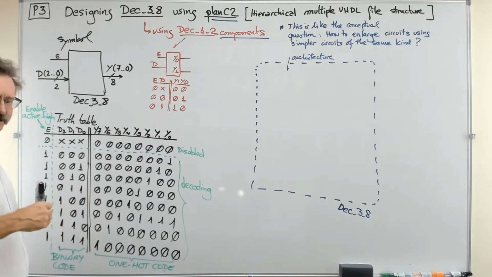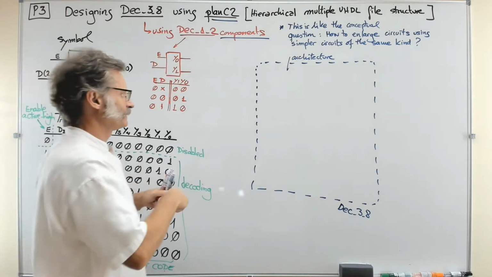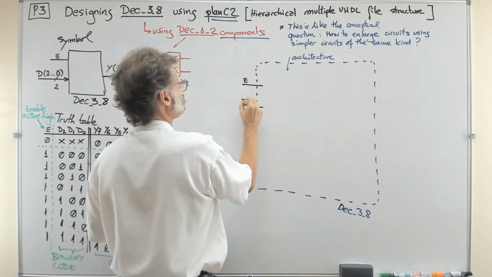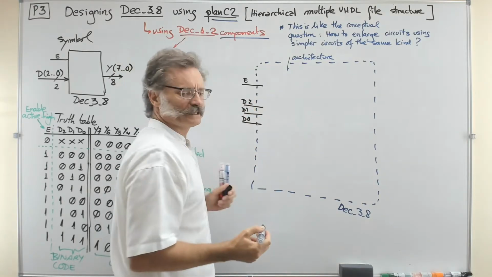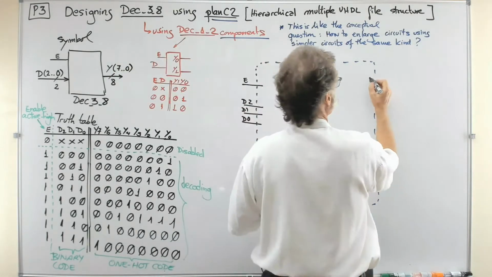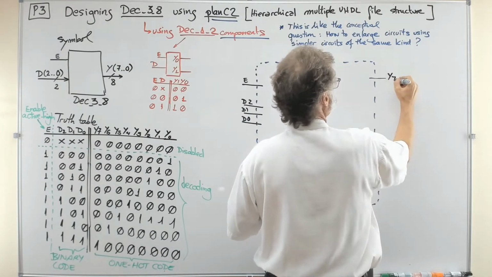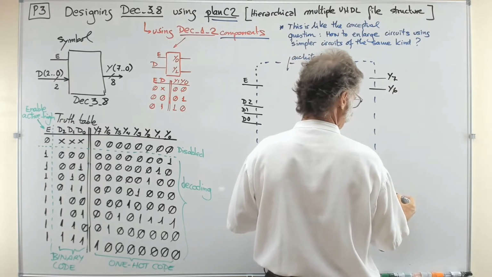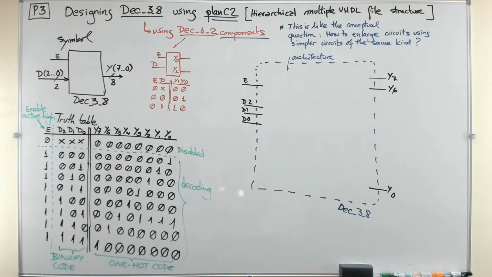So what is the input of this circuit? Well, what you see here, that is not going to change. E, enable, and data 2, as you like, data 1 and data 0. And then which is the output? Well, Y7, Y6, and down to Y0. That's the output of the circuit.